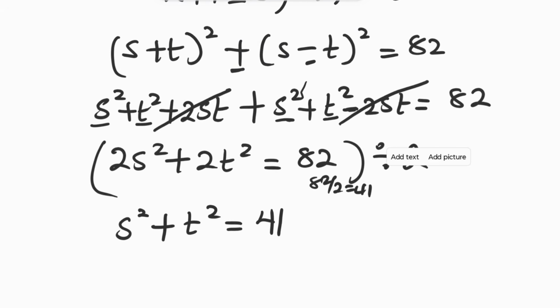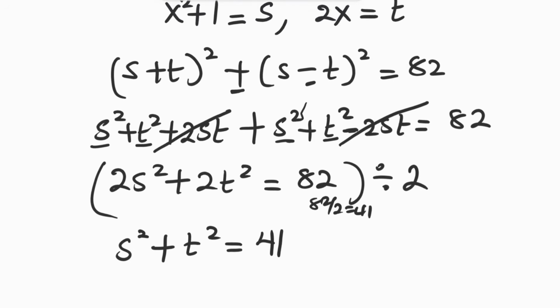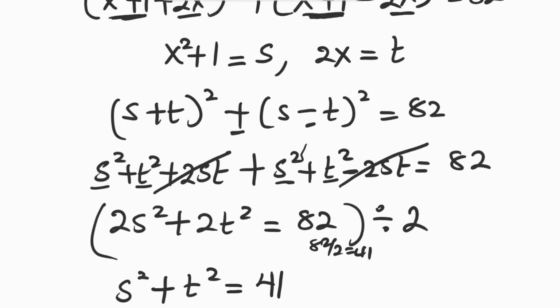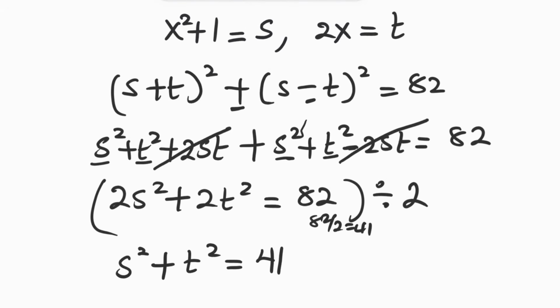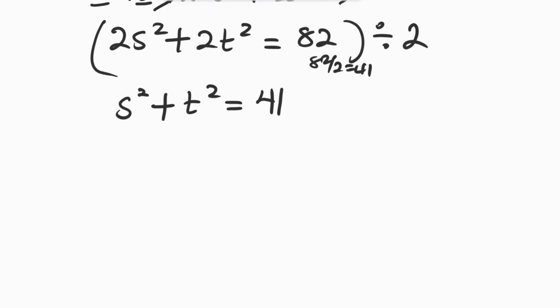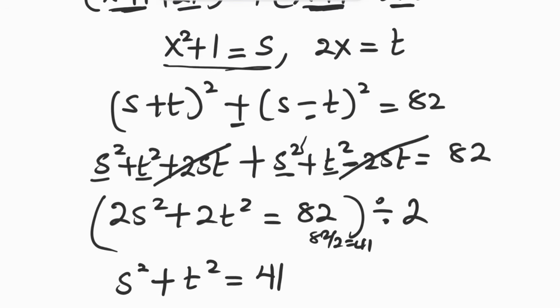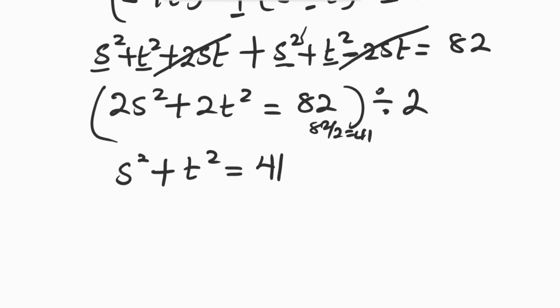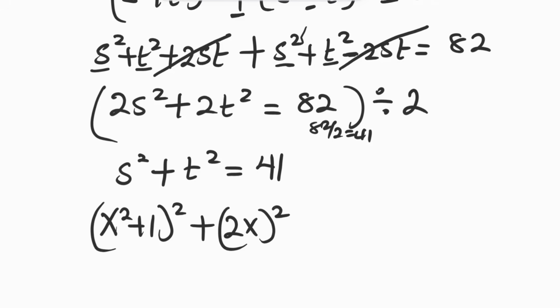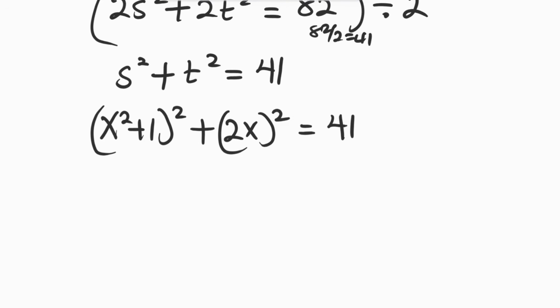Now that we have s^2 + t^2 = 41, what can we do from here? We know s is x^2 + 1, and t is 2x. So we have (x^2 + 1)^2 + (2x)^2 = 41.